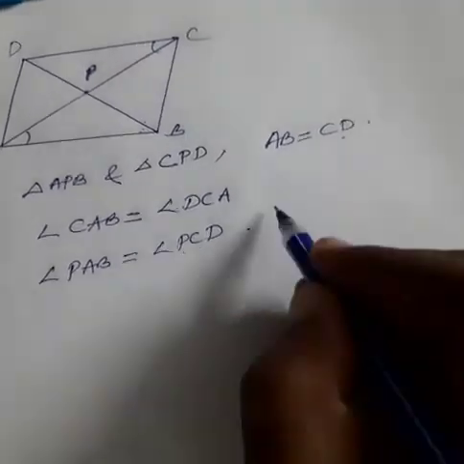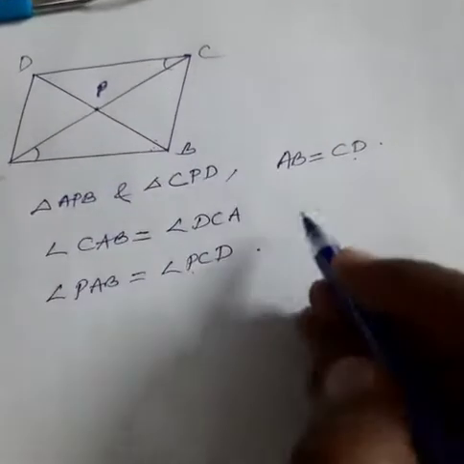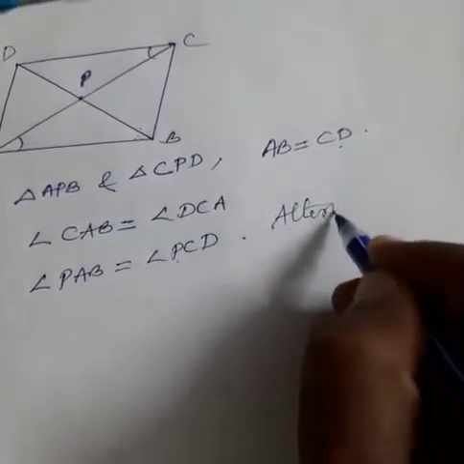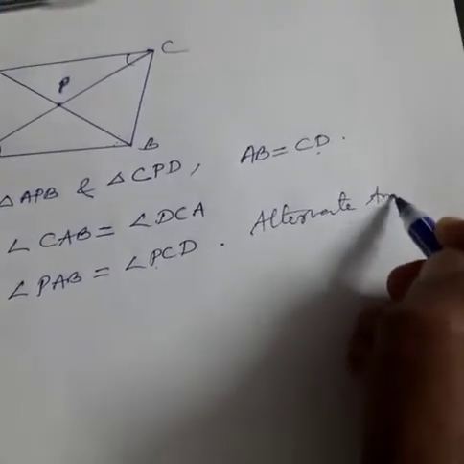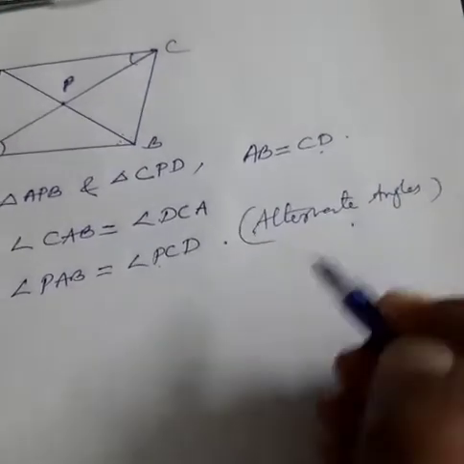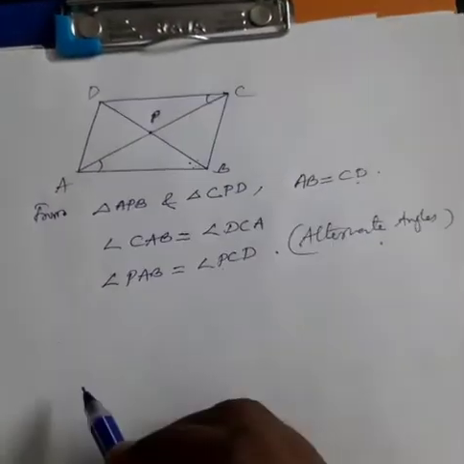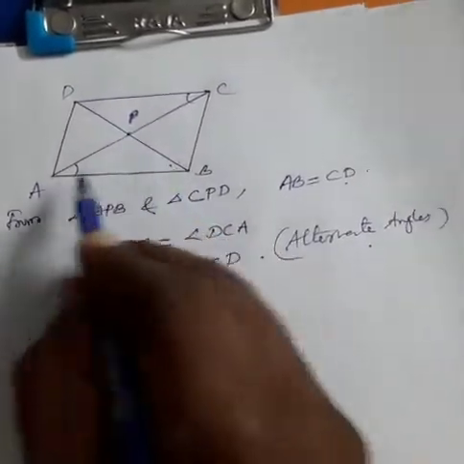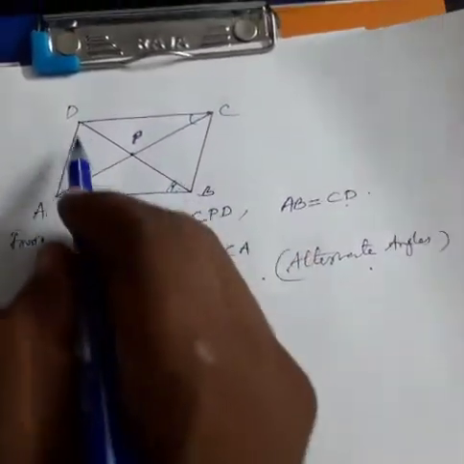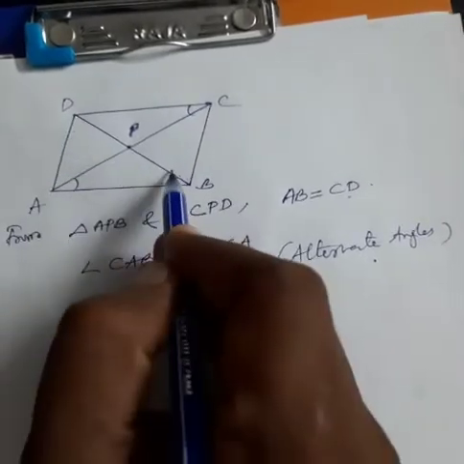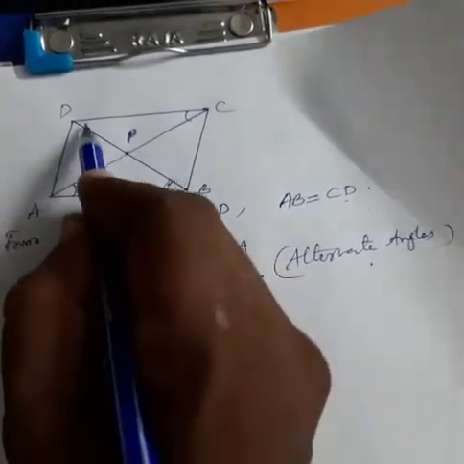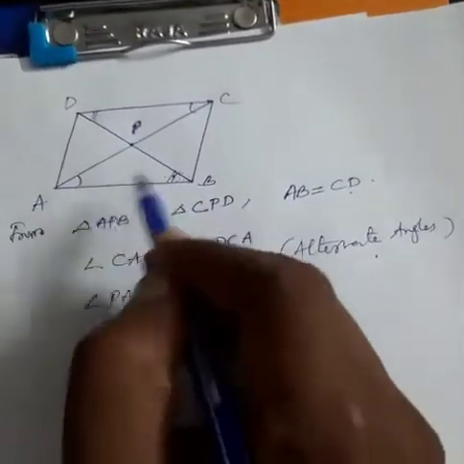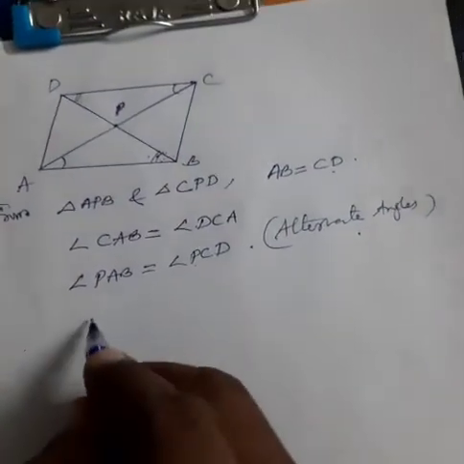Both are what type of angles? Alternate angles. Same like that, the angles at the ends of BD are also equal.